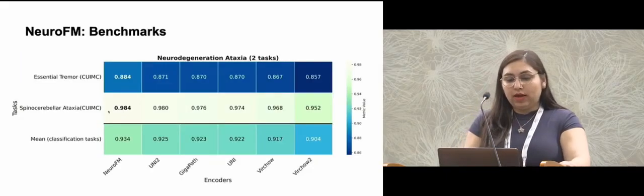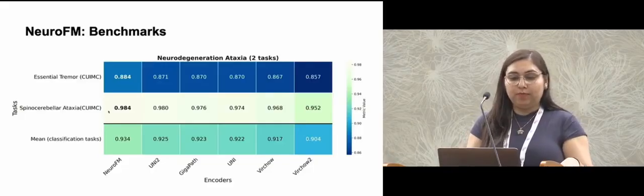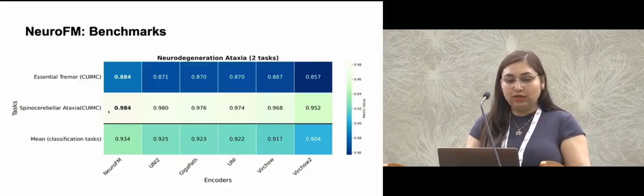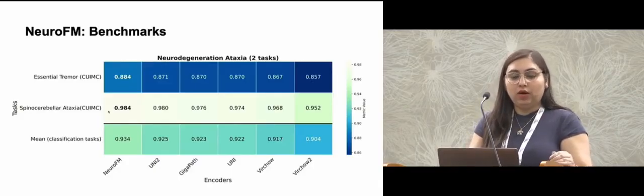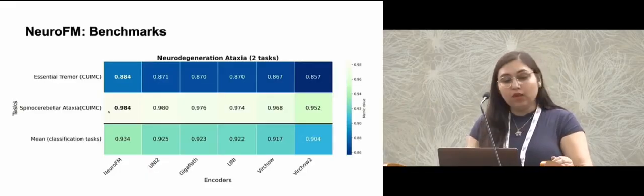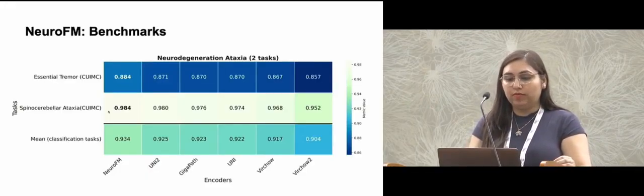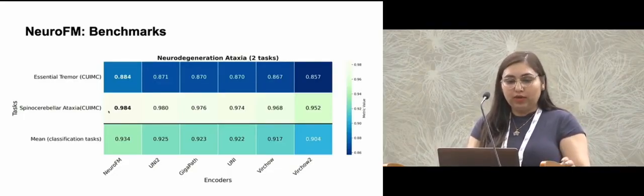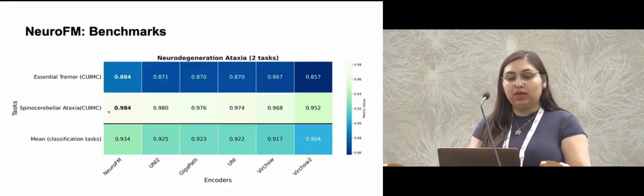So here I'm showing a heat map where on the y-axis I'm showing different tasks. On the x-axis I'm showing the encoder values, and here I'm showing the AUC values on the held out cohort. This is the color bar that shows green means higher AUC, and blue represents lower AUC, and the bold color shows which one is giving us the best AUC for the specific task.